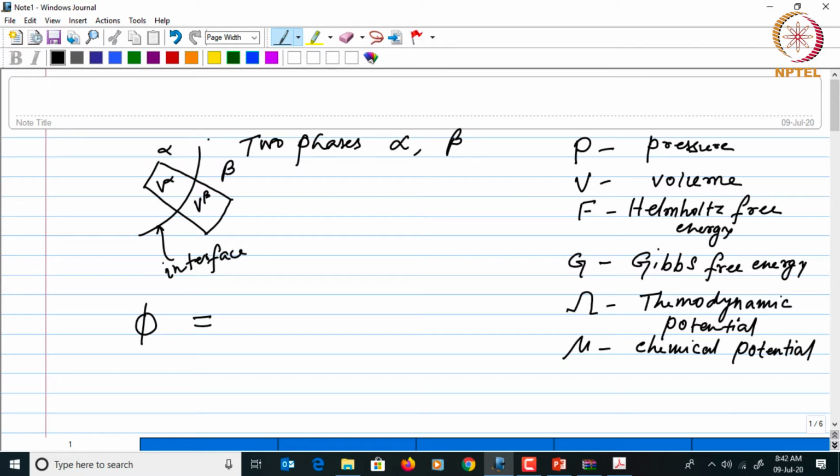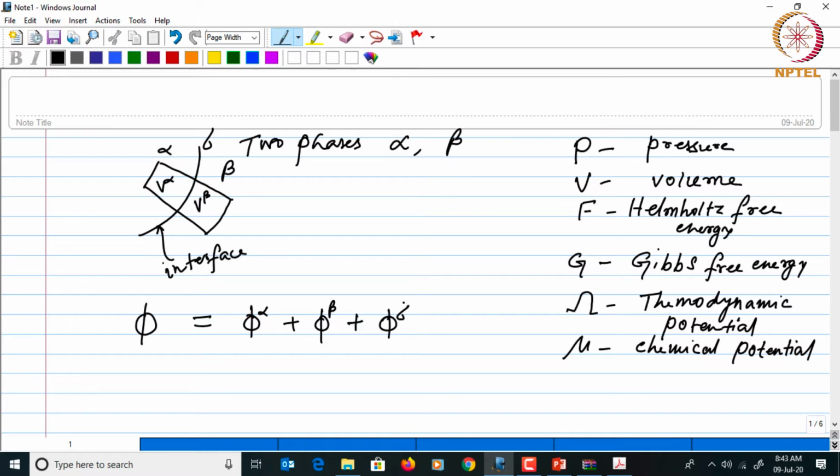Let us call that interface sigma. So therefore this will be given as phi for alpha, phi for beta, and that for the interface sigma. Okay.